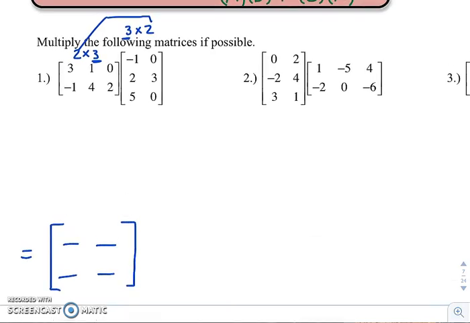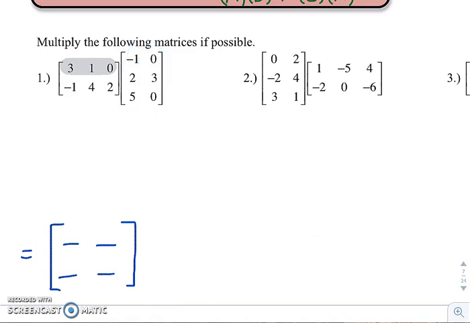With matrix multiplication, it's almost like distribution. You take each row and multiply it by each column. So this row here has to get multiplied by both columns. So 1 row times 2 columns gives you those first 2 spots.